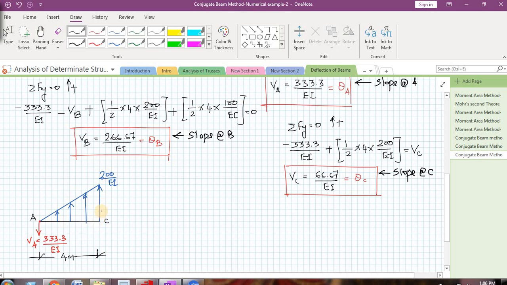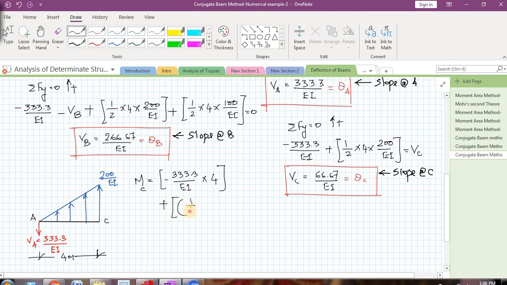Okay, I have drawn that left hand portion of AC, and now I need to find the moment at point C. So the moment at C, MC, is equal to VA at C is causing a hogging bending moment, so I should write it as minus 333.3 by EI multiplied by the perpendicular distance 4, and this UVL is causing a sagging bending moment, so I should write it as plus.